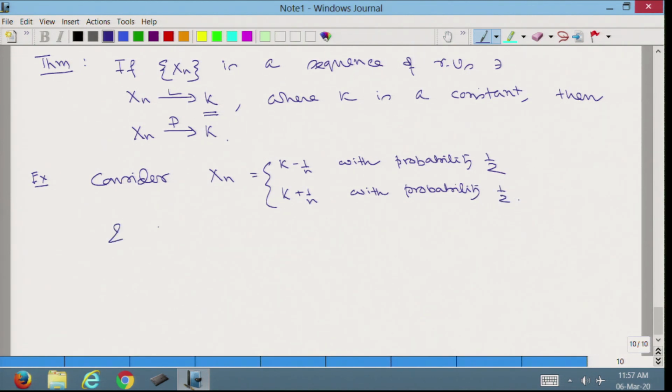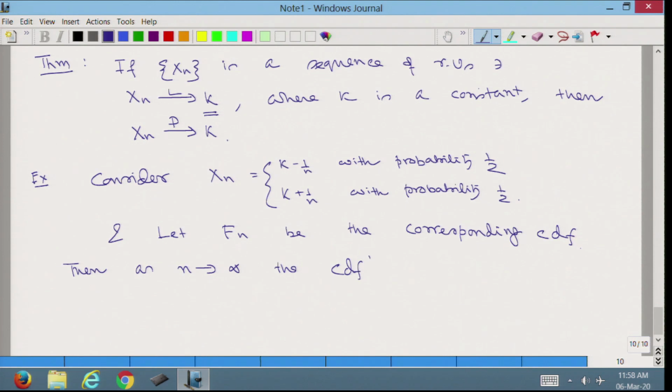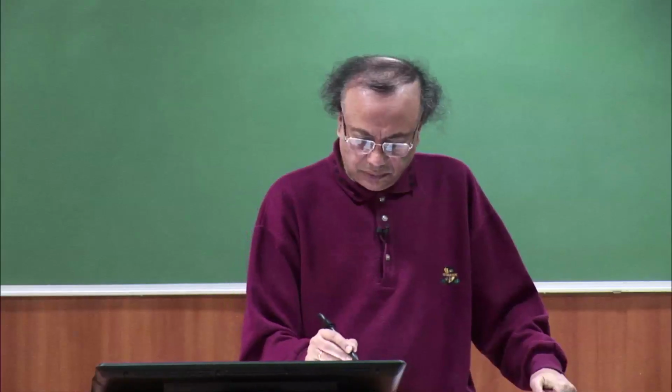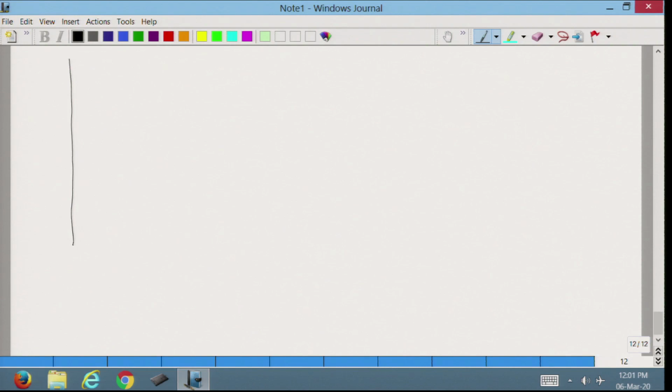Therefore, let f n be the corresponding cumulative distribution function, then as n goes to infinity, the CDFs look as follows.